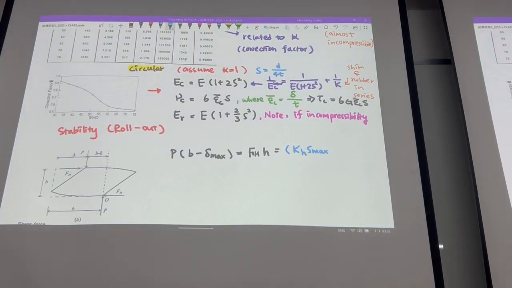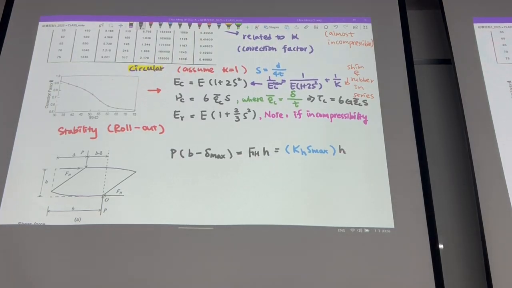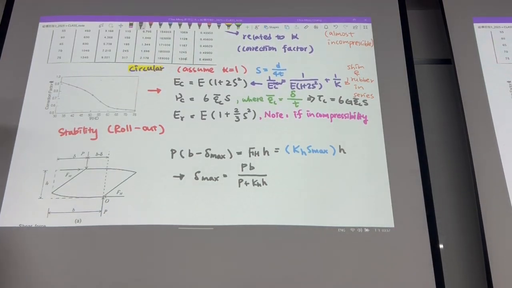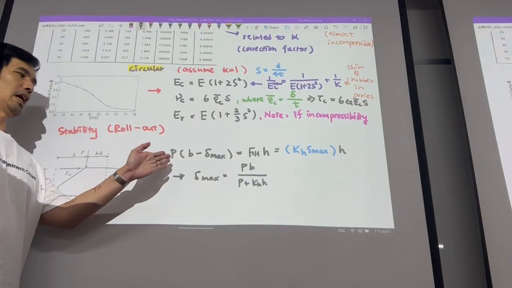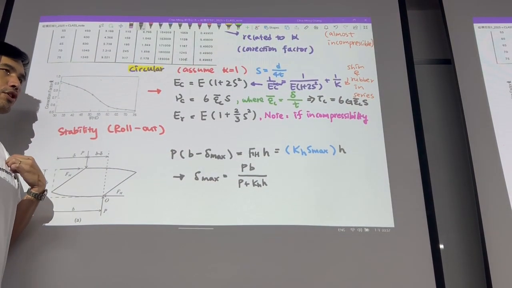Next. Times the SMH. So the delta max means you cannot exceed this horizontal deformation.